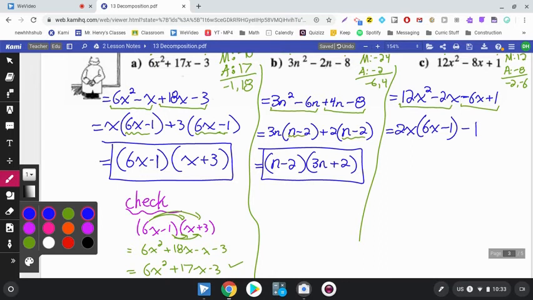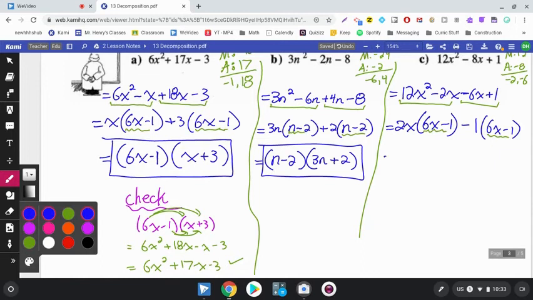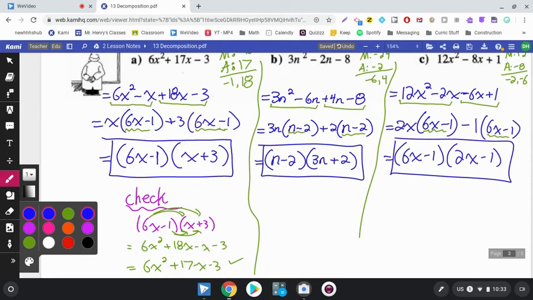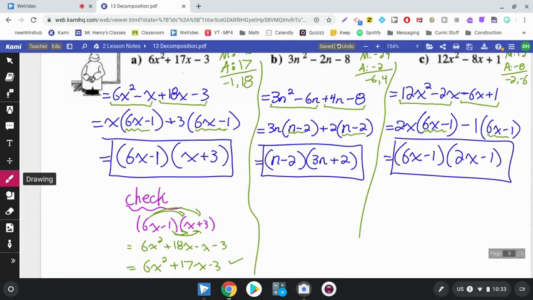So minus 1, 6x, and 1 divided by negative 1 is negative 1. That also helps me get the same bracket. So that's a little bit tricky, always having to factor out that negative, and that's why I choose to just write it first, and then I don't have to worry about that problem. But I can finish it up. 6x minus 1, that's the common factor, and you're left with 2x and minus 1. There you go, factored. Alrighty, moving on.